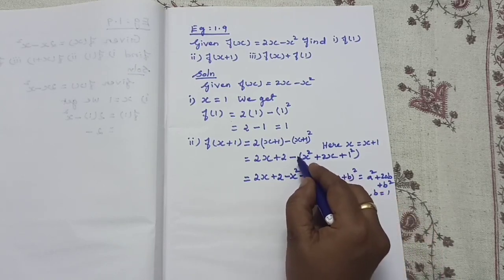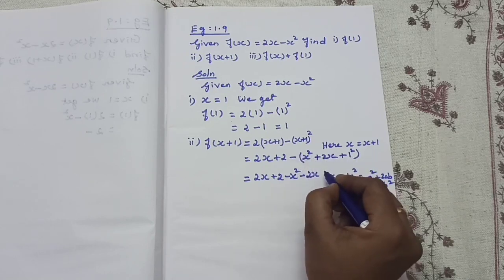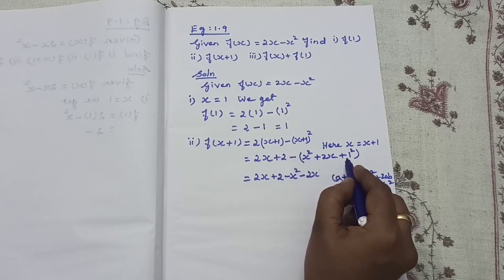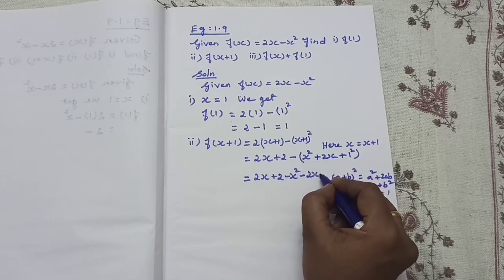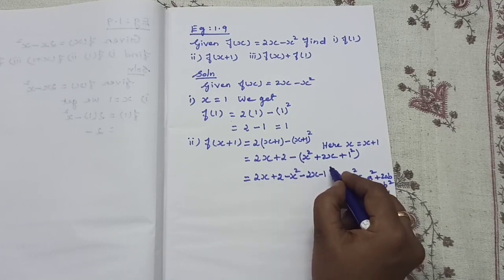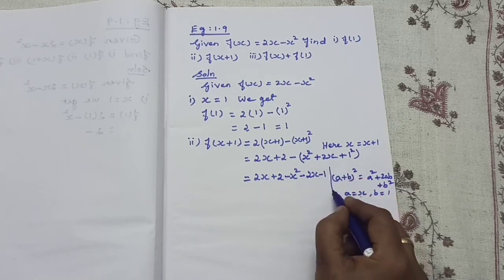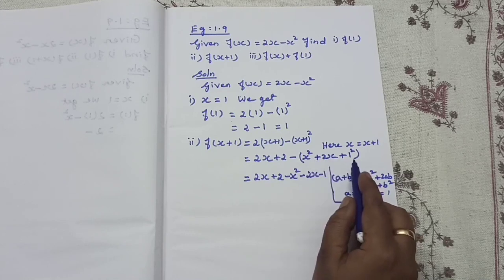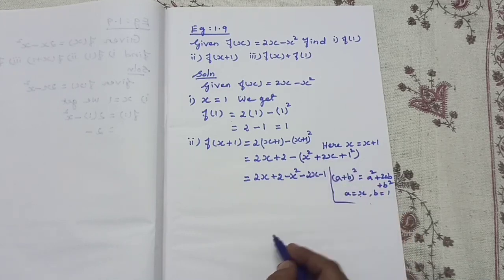Here 1 is there. 1 into 1 is what? 1, isn't it? Then minus into 1, minus into plus is minus 1. Have you understood? 1 square is 1. Anyway, here 1 we will get.